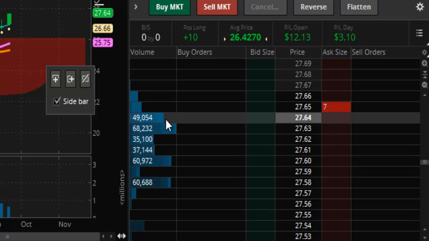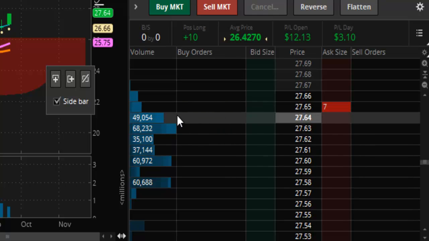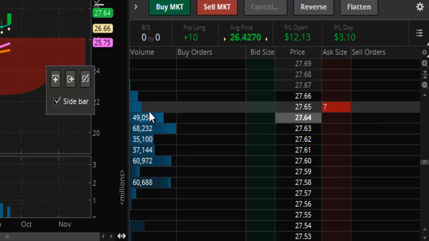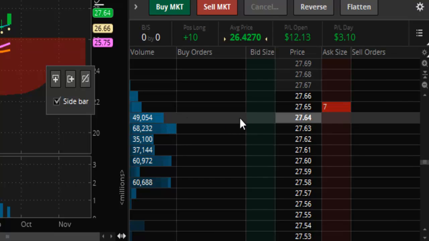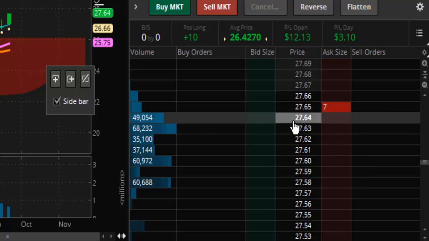So depending on where you are in this ladder for price and time of sales and all that will determine where you're going to be filled, if at all, at that particular price. So in other words, whoever puts their order in first is going to get filled first when their limit is hit at this price.